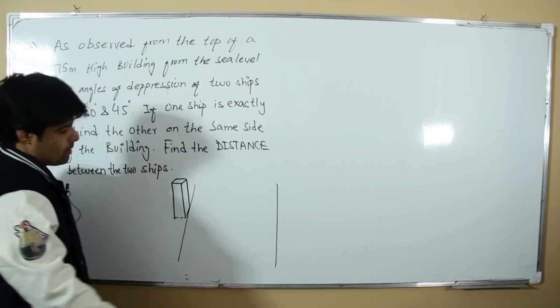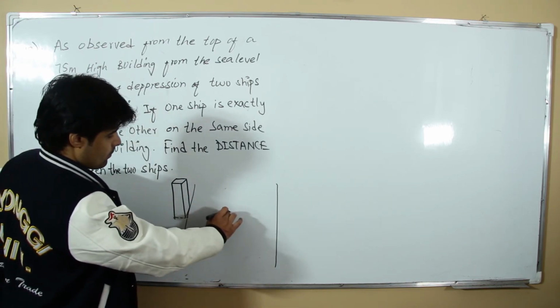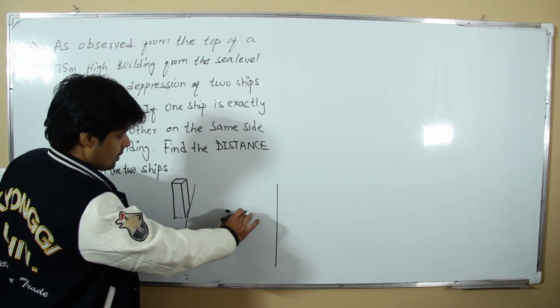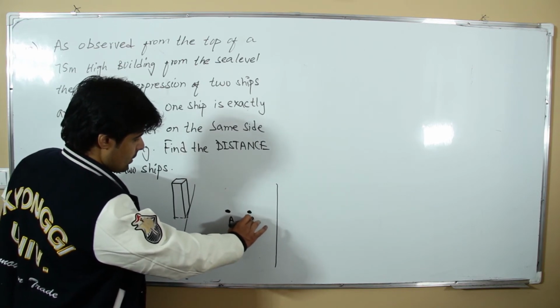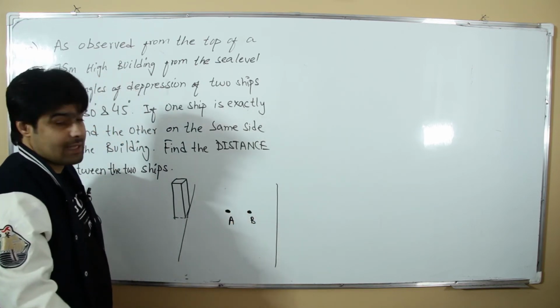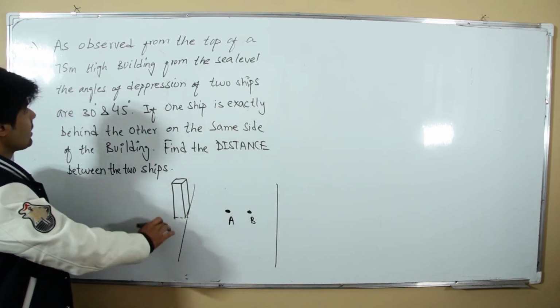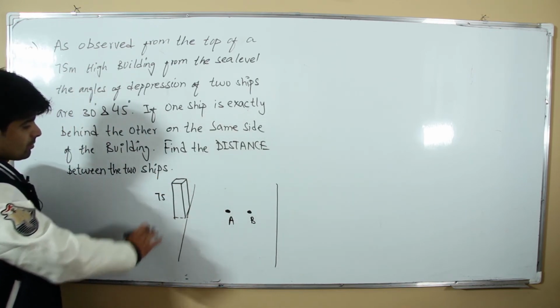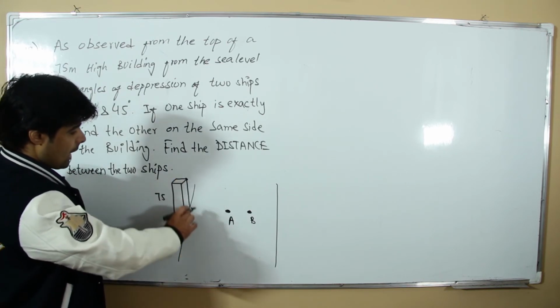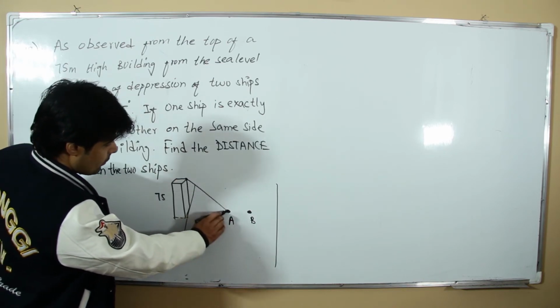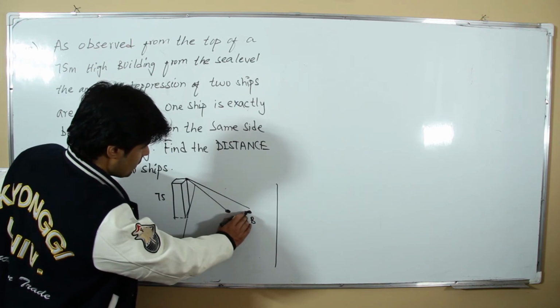Now, there is one shape here, which is A, another shape is B. They are exactly behind each other. This building height is 25 meter. From the top, the angle of depression for this one and for this one, it's given.